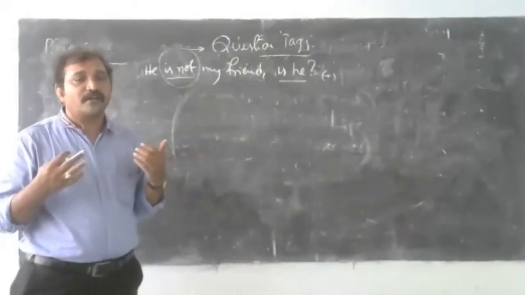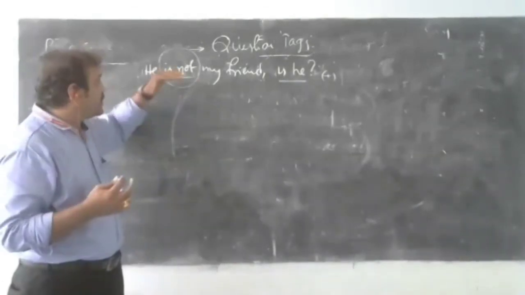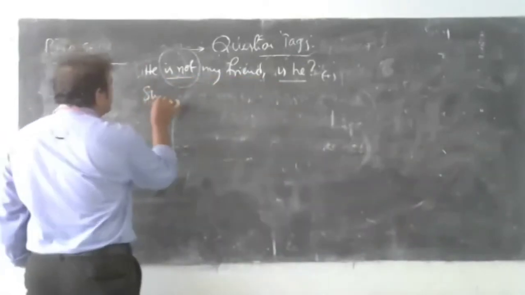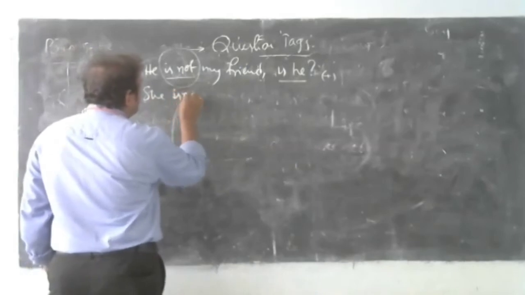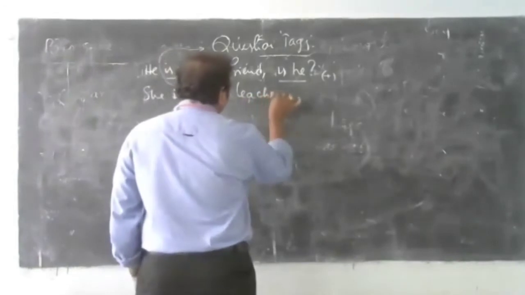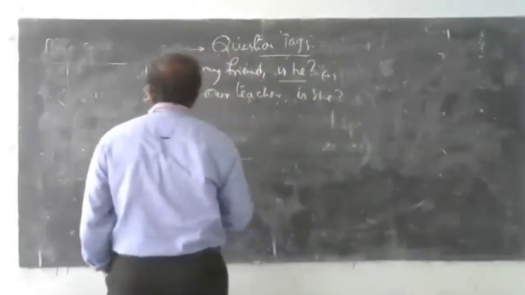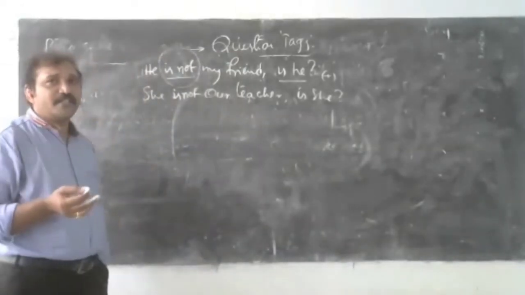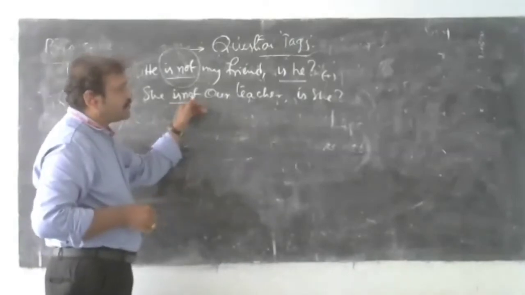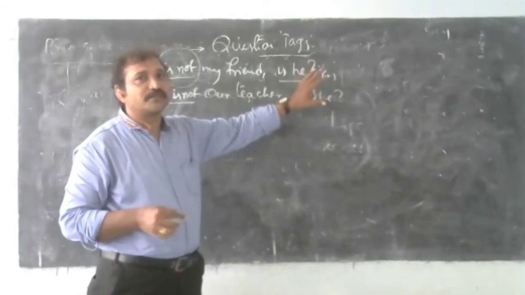That means what do you want to come up with? He is not my friend, is he? And she is not a teacher. Is she? She isn't a teacher, is she? So, if the statement is negative, the question tag will be positive.